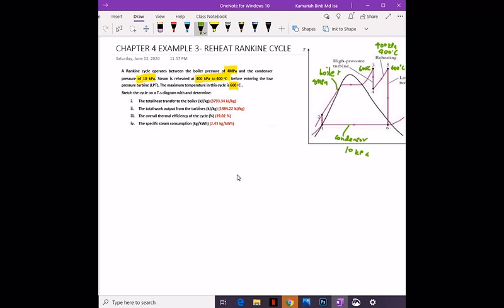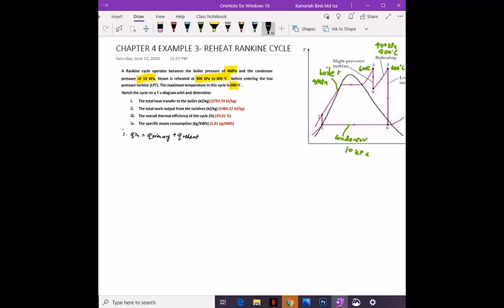Okay, so first let's write all the equations that we need. Total heat transfer, number 1. Q in equals Q primary plus Q reheat. The primary is the actual value before we add the reheat process, and then we add the heat transfer to the boiler that is caused by the reheat process.